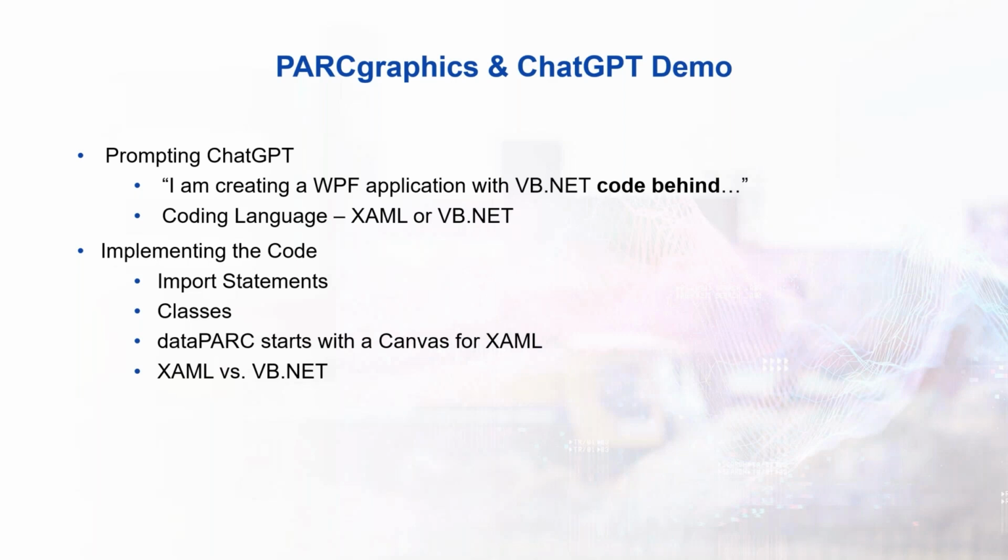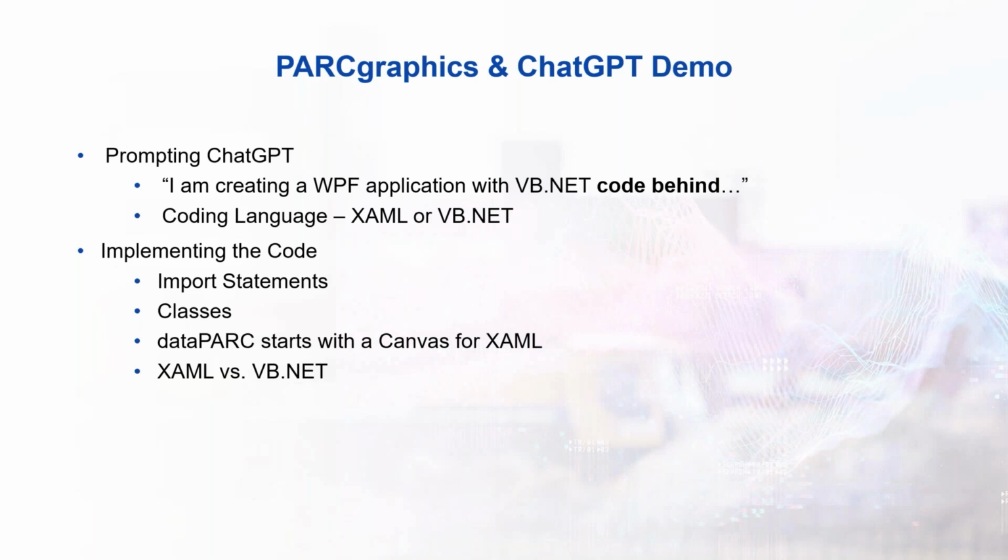I didn't specify it. Again, I kept my prompt kind of short this time, but dataPARC starts with a canvas. If you go into the XAML, or even in graphics editor, you'll see the basic object that you're building and putting things on is a canvas. Often in ChatGPT, it's a grid.